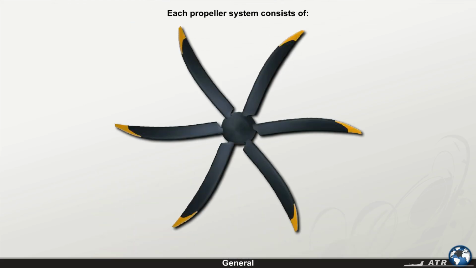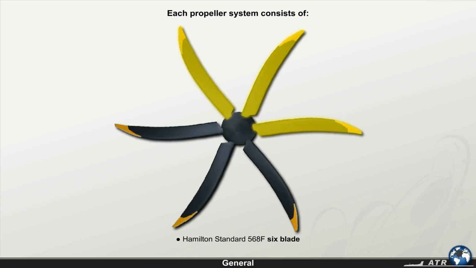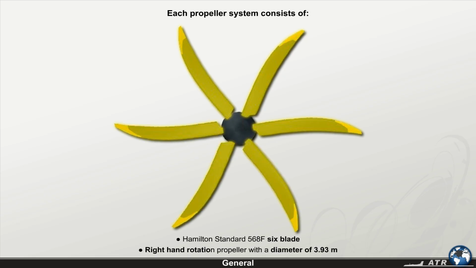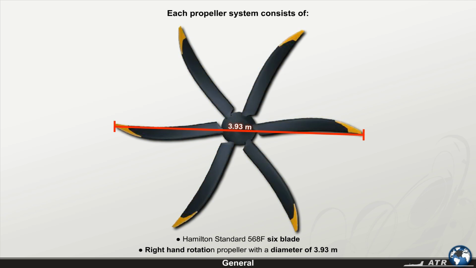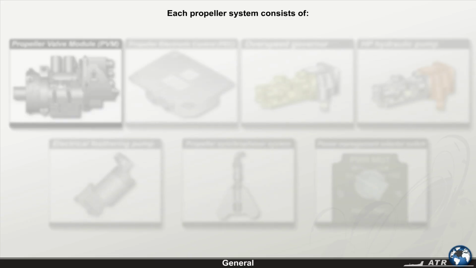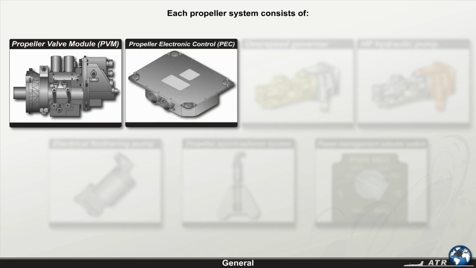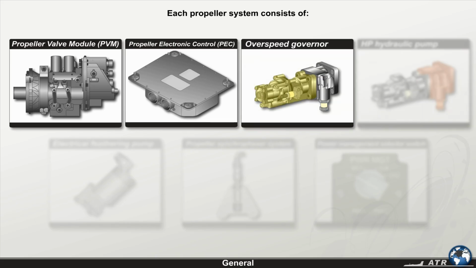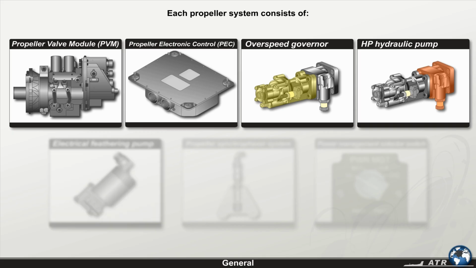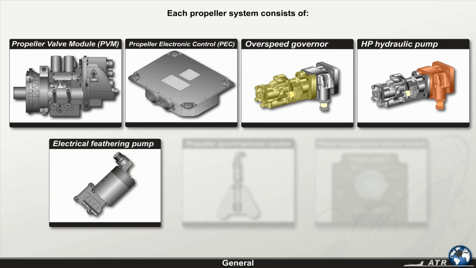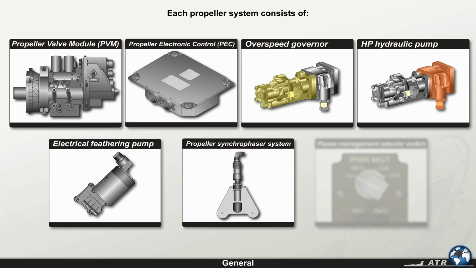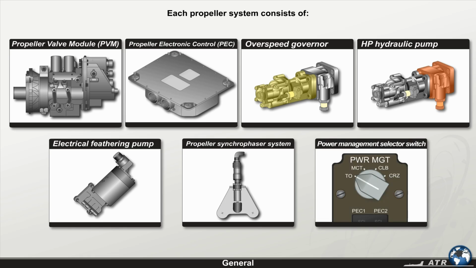Each propeller system consists of a Hamilton Standard 568F 6-blade right-hand rotation propeller with a diameter of 3.93 meters, a propeller valve module, PVM, a propeller electronic control, PEC, an overspeed governor, a high-pressure hydraulic pump, an electrical feathering pump, a propeller synchrophaser system, and a power management selector switch.